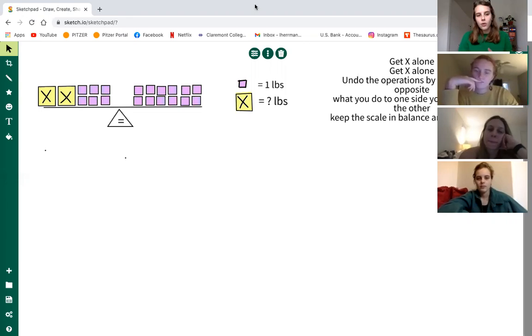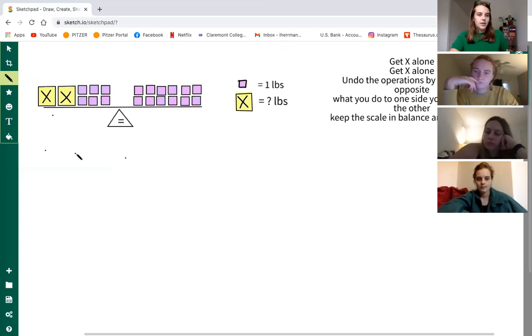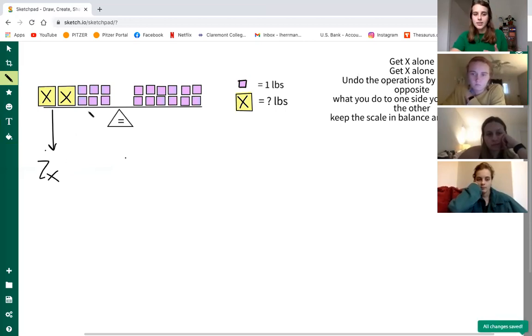So I want you to think real quick about how we might write a mathematical equation to represent what's going on in the scale. Think about it for 2 seconds. Awesome. All right, so let's begin with what we have on the left side of the scale. We have 2 boxes represented by the letter X. So that will be represented by 2X. We also have, in addition to those 2 boxes, 6 1-pound boxes.